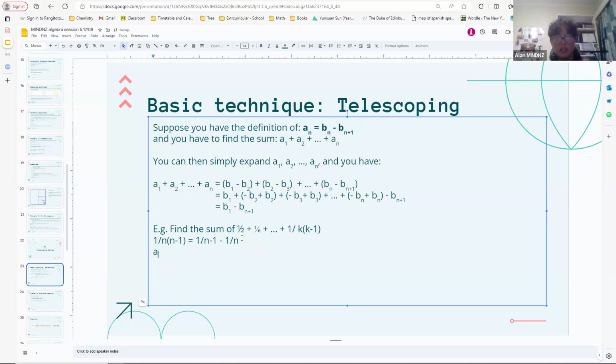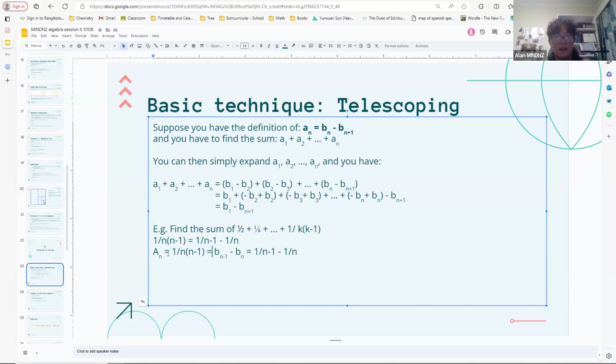So we can write a_n equals 1 over n times n minus 1 equals b_(n-1) minus b_n, which is equal to 1 over n minus 1 minus 1 over n. But then as we established earlier, the sum from a1 to an is simply equal to b1 minus b_(n+1).